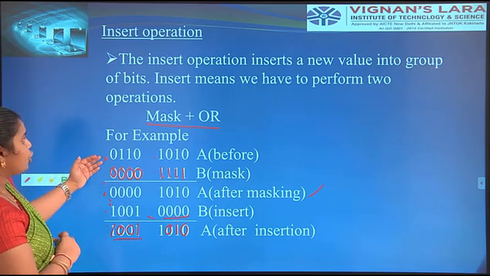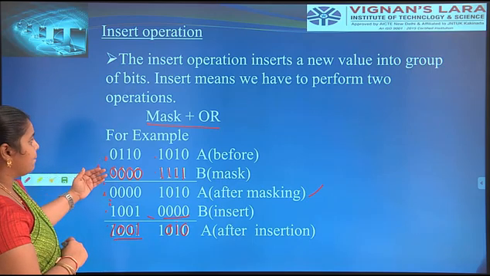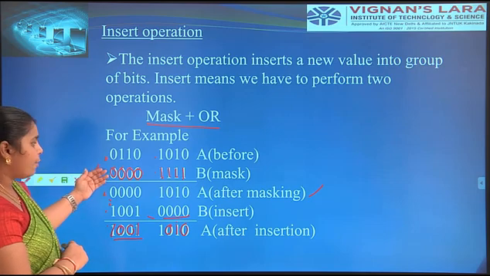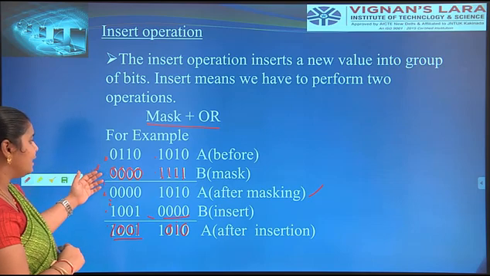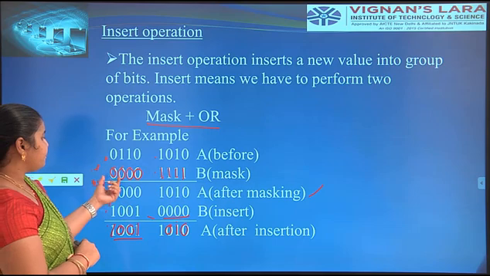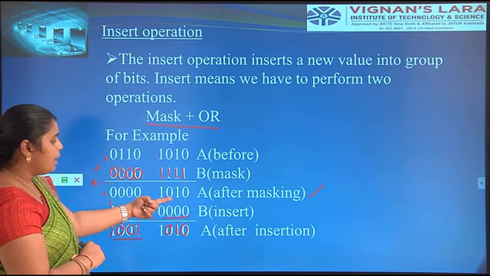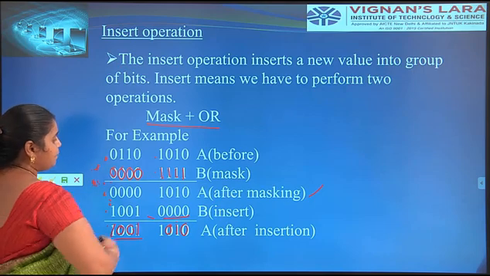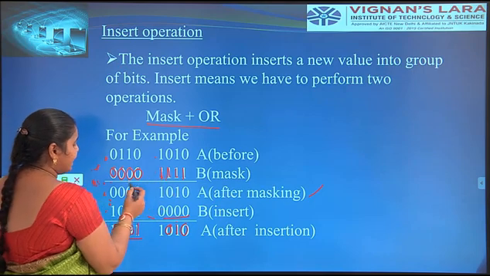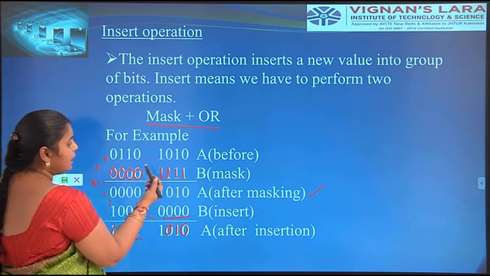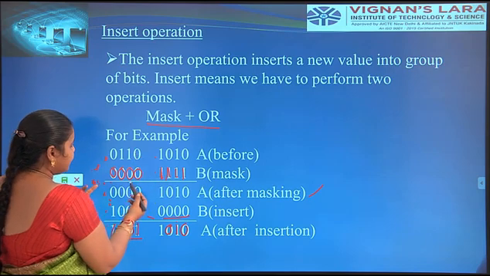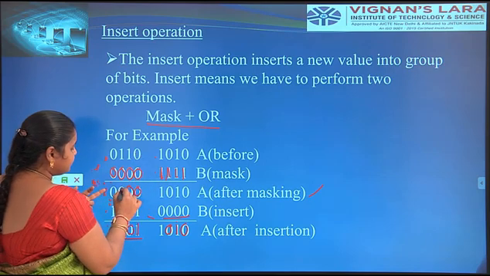Okay, here we have to insert another new number into the group of the insert operation. Here we have to take two numbers, 0 0 and 1 1. Here we perform the mask operation. Mask means where 1 is there is no change, and where 0 is there we set the B bit to 0.